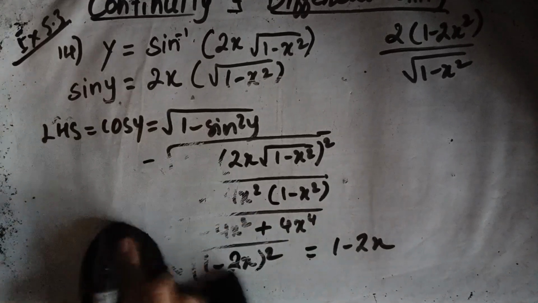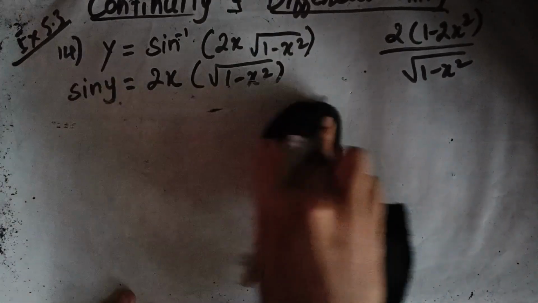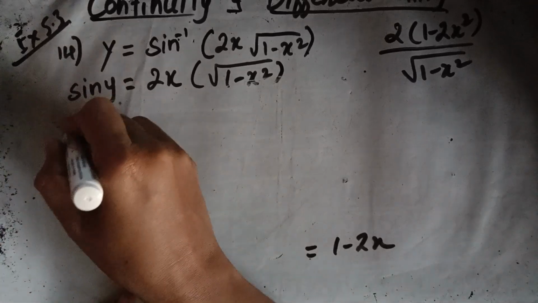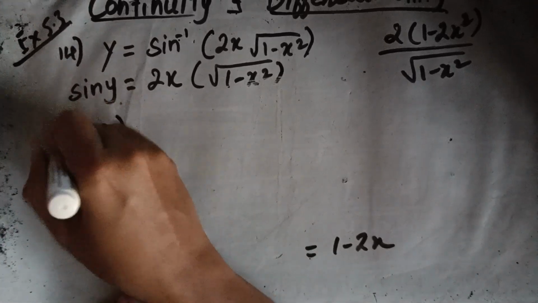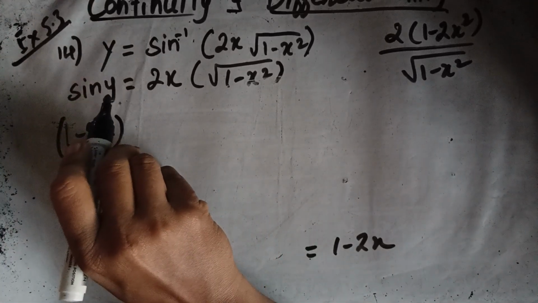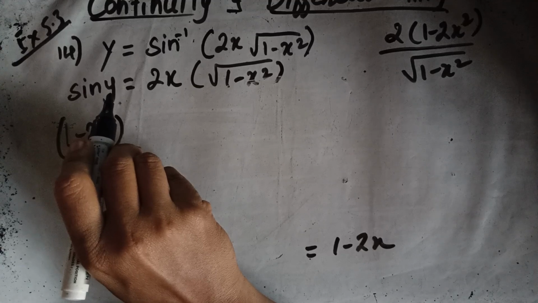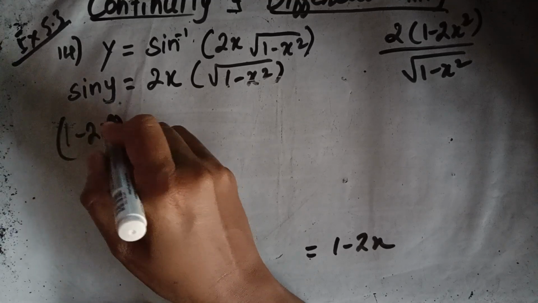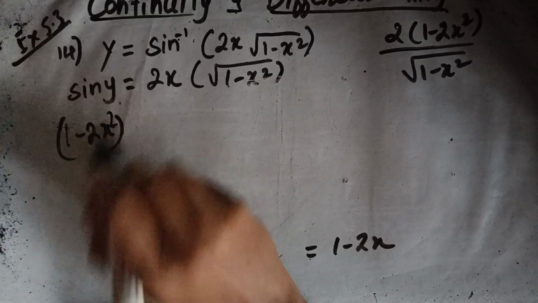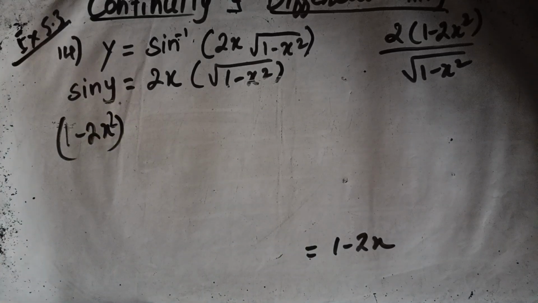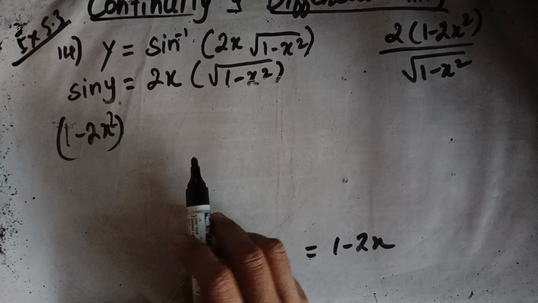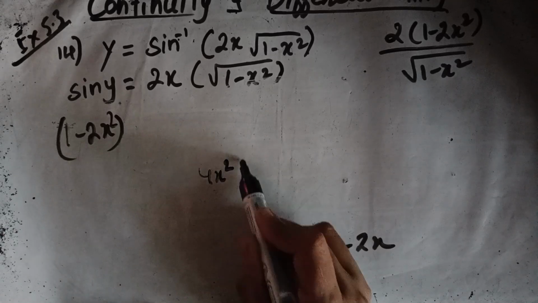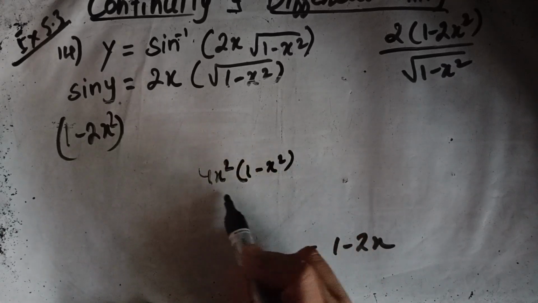Okay. One minus 2x, 2x square. It was 4x square, 1 minus x square.